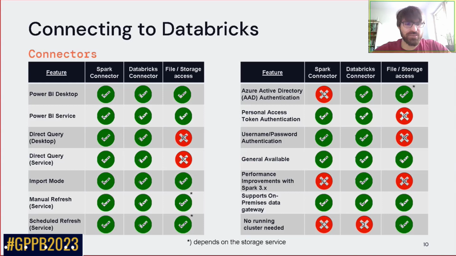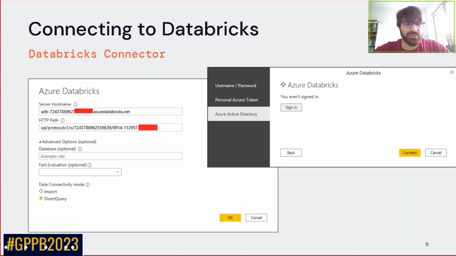And obviously, every improvement that would come with the new Spark version is also not usable by the file and storage access because there is actually no Spark involved. But on the plus side, you do not need an actual cluster up and running all the time, which can save a lot of costs actually, or even simplify your architecture.